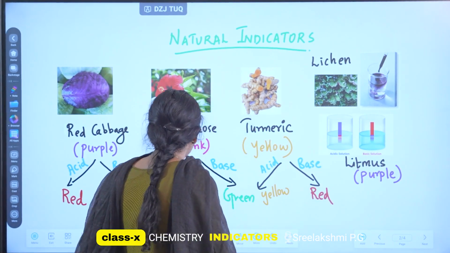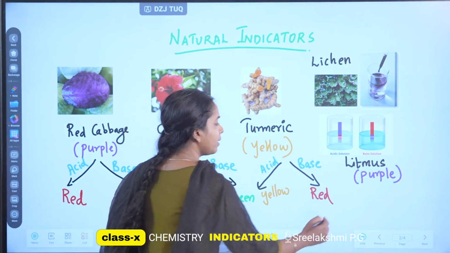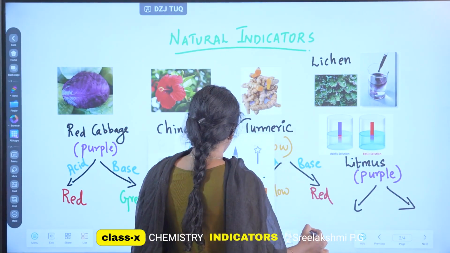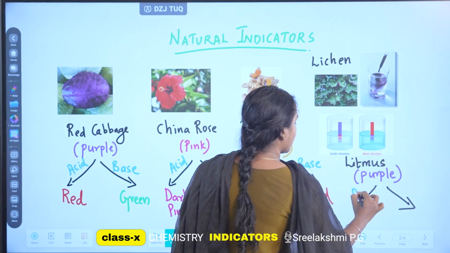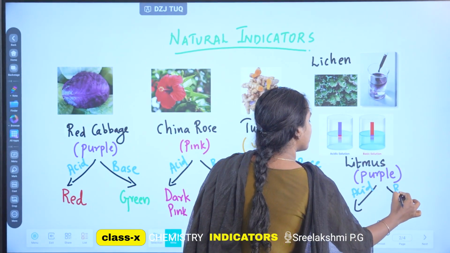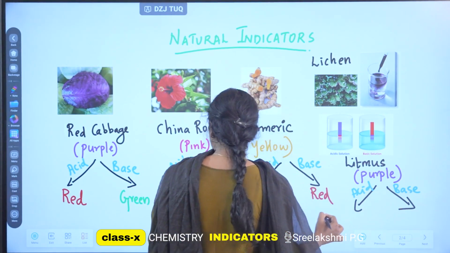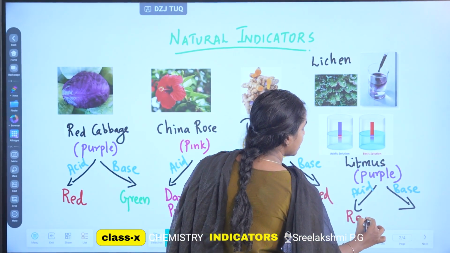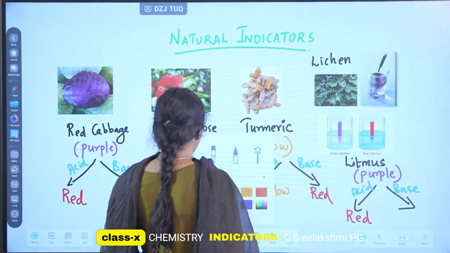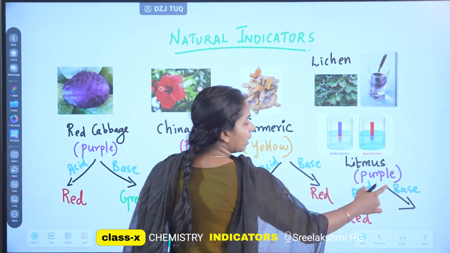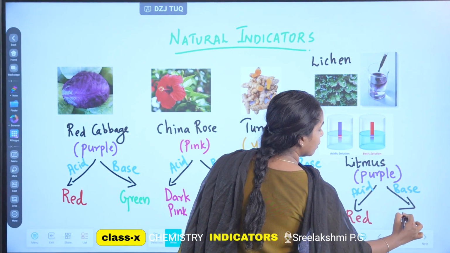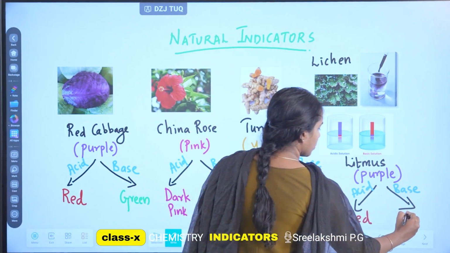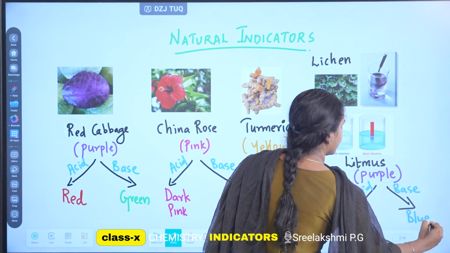Or we can say that litmus solution in presence of acid gives red color, and in presence of base, it will give blue color.